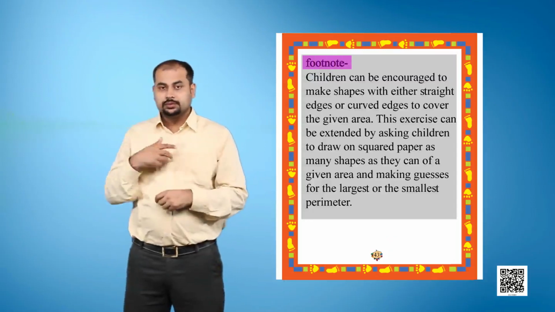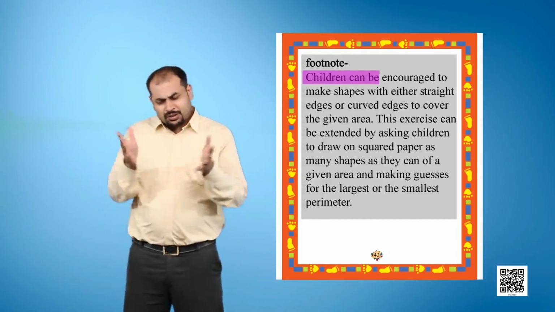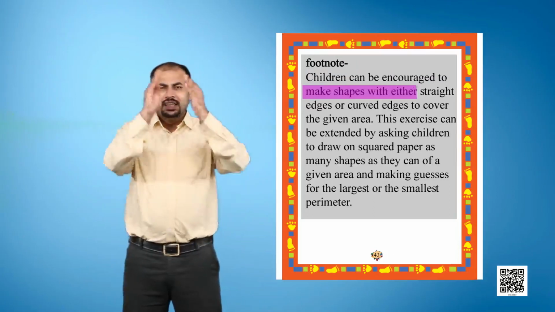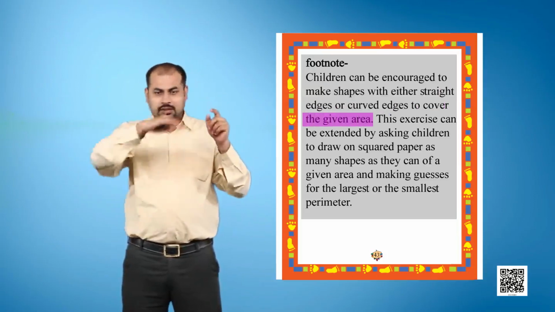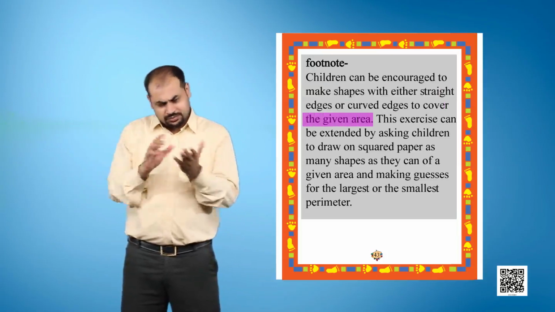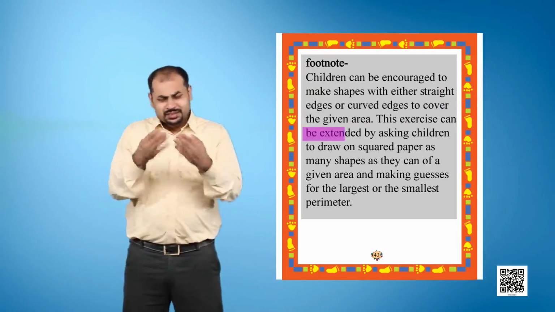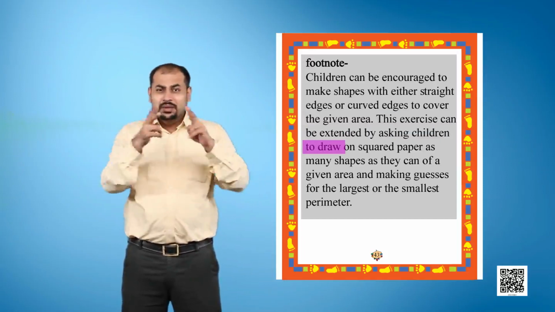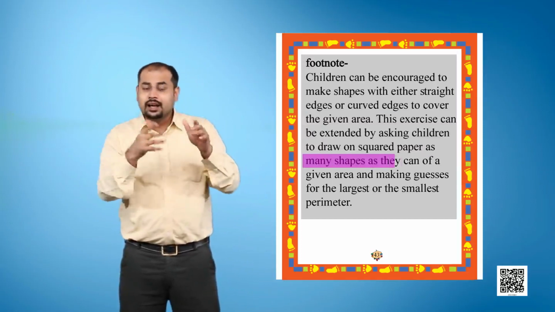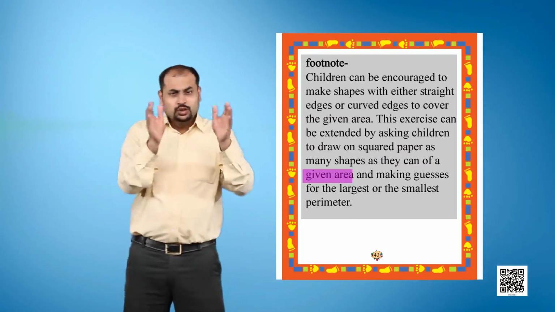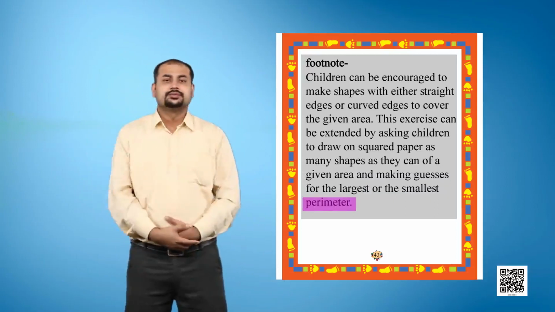For the teacher. Children can be encouraged to make shapes with either straight edges or curved edges to cover the given area. This exercise can be extended by asking children to draw on squared paper as many shapes as they can of a given area and making guesses for the largest or the smallest perimeter.